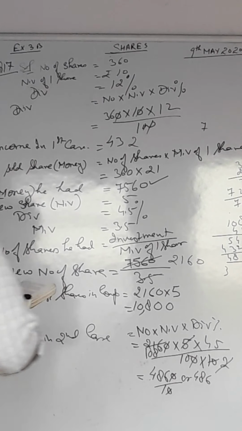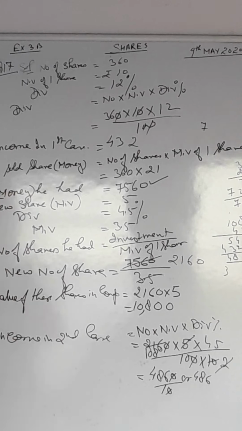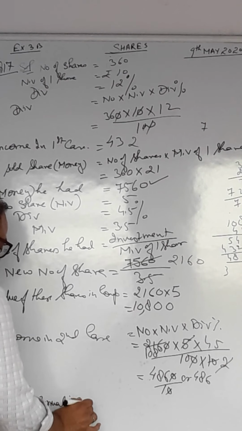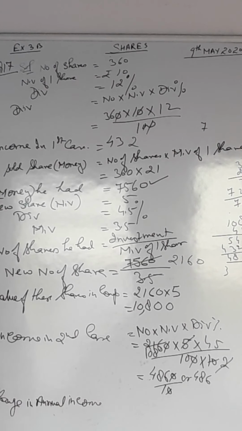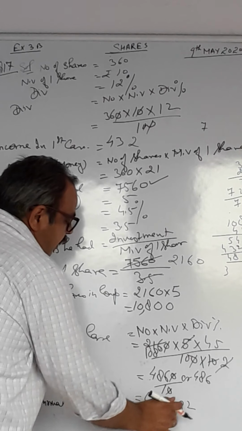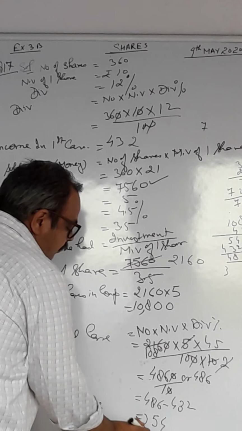Income in second case. What is asked? Find the change in annual income. 486 minus 432. 6 minus 2 is 4, 8 minus 3 is 5. 54 rupees.